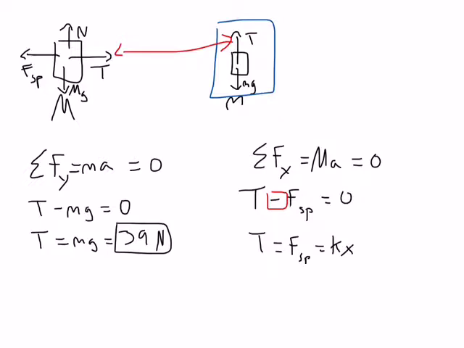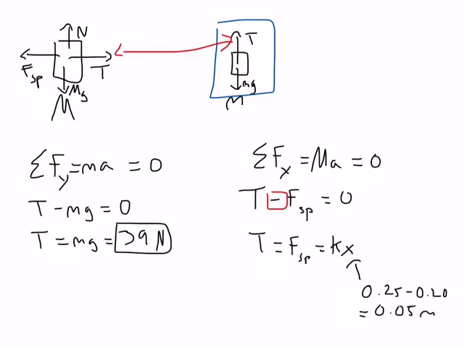So all we need to do is figure out how much the spring is stretched, and we're told that its unstretched length is 0.2 meters, and its length when hanging in this equilibrium setup is 0.25 meters. So that means x is 0.25 minus 0.20, or 0.05 meters.